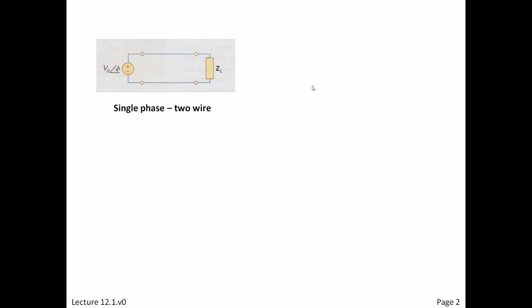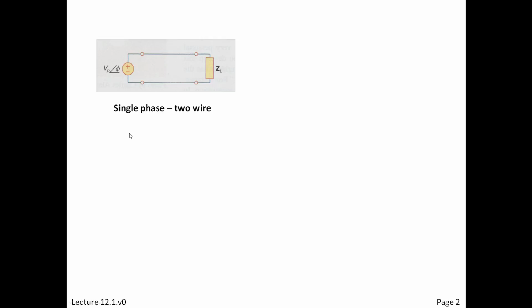So we left off last time in chapter 11 with a single-phase, two-wire system. A simple AC source that had, in this case, a voltage source that had a magnitude, calling it V sub P, and it may or may not have had a phase angle other than 0. Generally, in a single loop, the phase angle is less important, unless it is somehow synchronized to a signal someplace else.